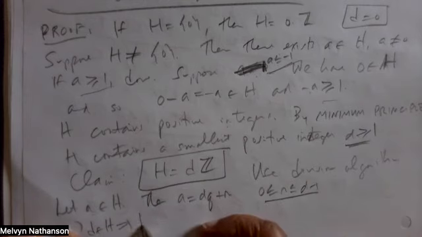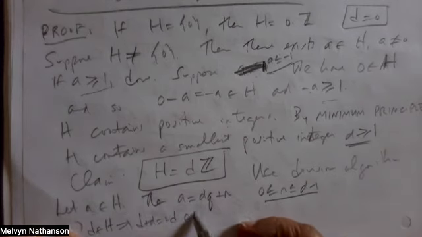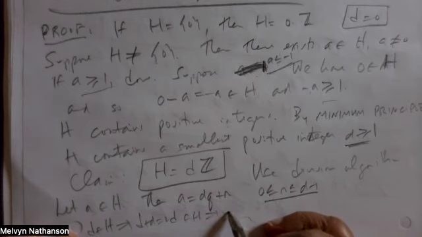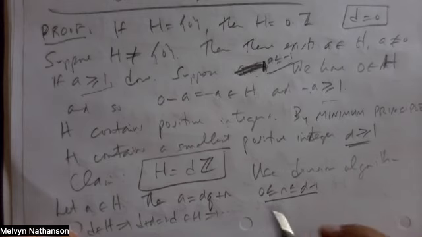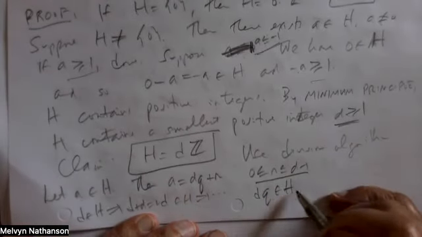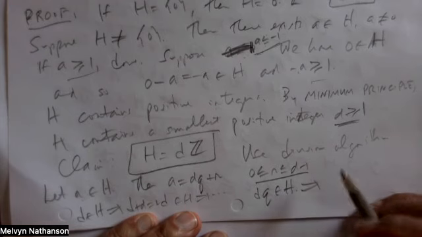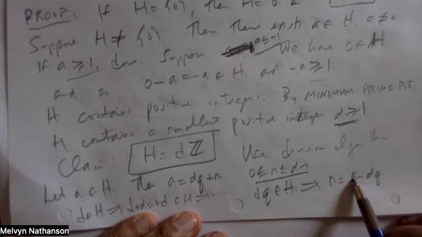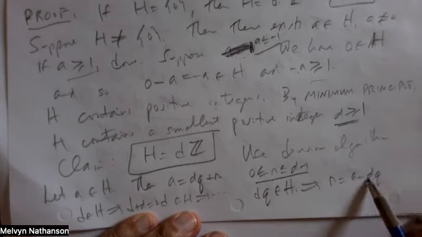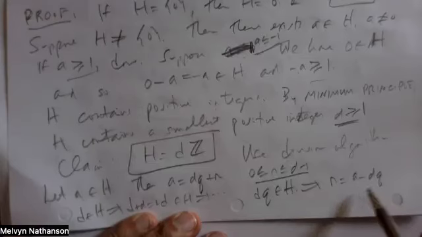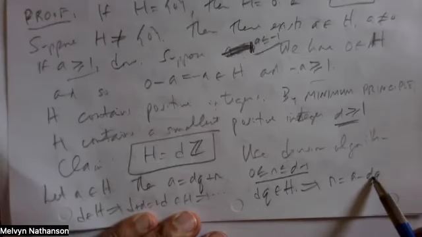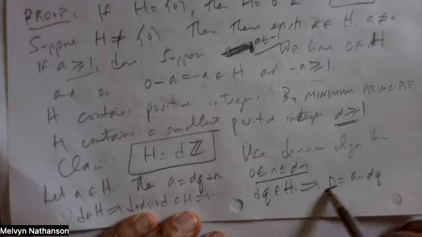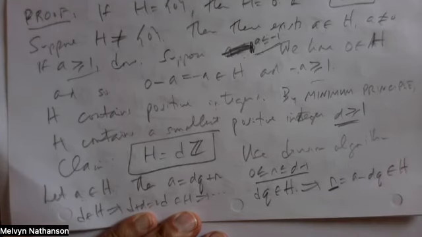Now, if D is in H, then D plus D is 2D is in H. And continuing inductively, we get every multiple of D is in H. So D times Q is in H, which means that R, which is A minus DQ, is in H. A is in H, DQ is in H, and H is closed under addition and subtraction, so A minus DQ, which is R, is in H.